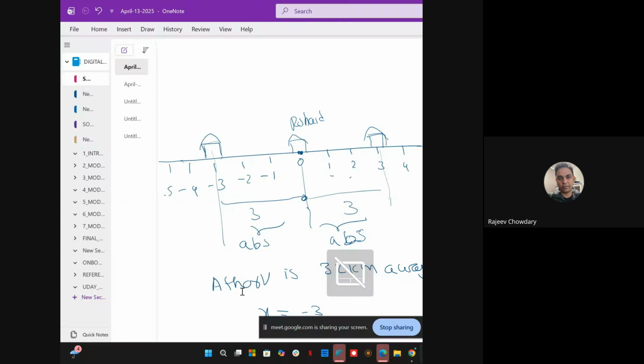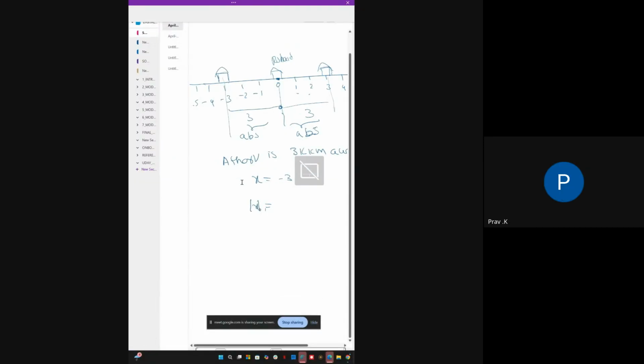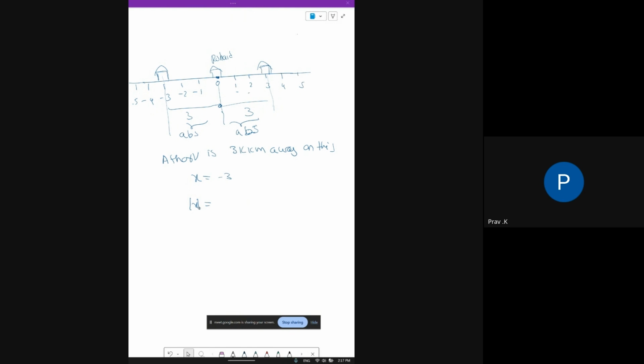So the absolute value is distance. It could be on either side, right? That's the reason. Even though it's on -3, if Athar's house is found here, I'm going to say the distance of x from 0 is still 3.